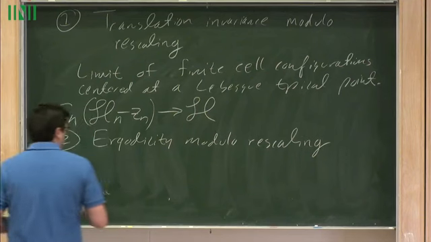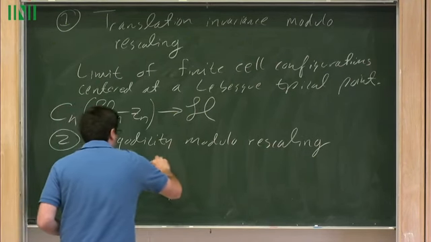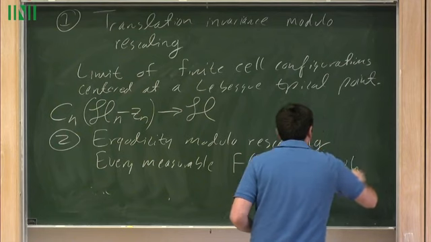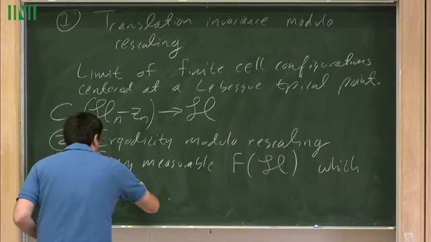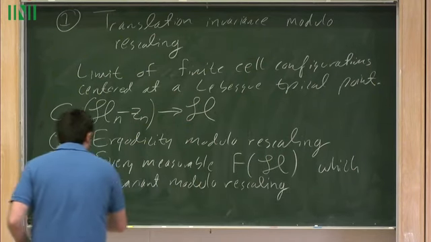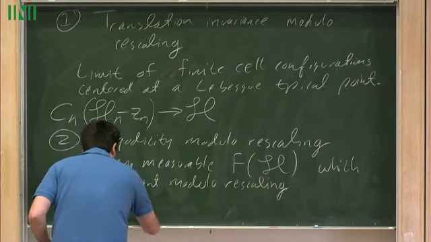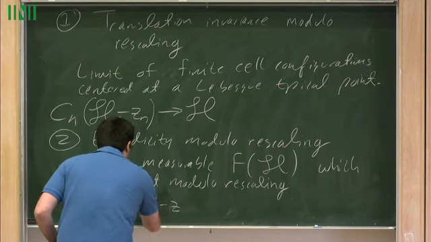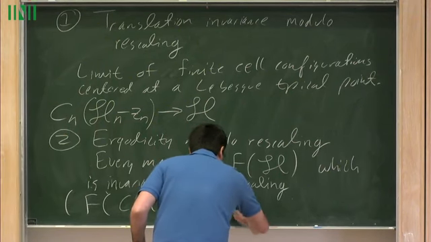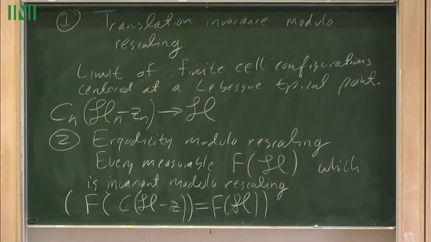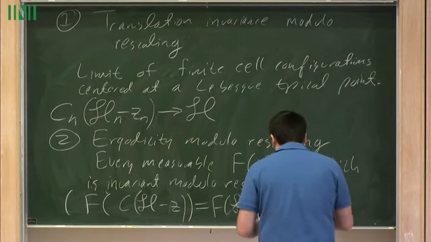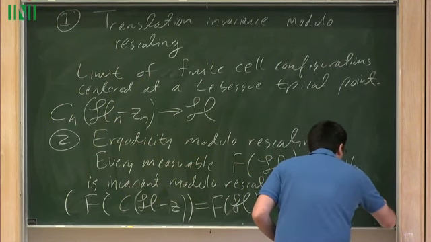What this says is that if you have a measurable function f of your cell configuration which is invariant modulo rescaling, meaning that if you apply f to your cell configuration after it's been rescaled by some factor c and translated by z, this is equivalent to your function applied to the original cell configuration, then ergodicity modulo rescaling means that your function is going to be almost surely constant. Okay?